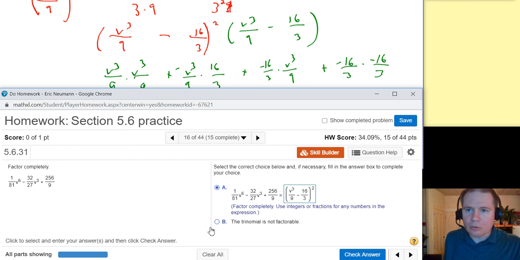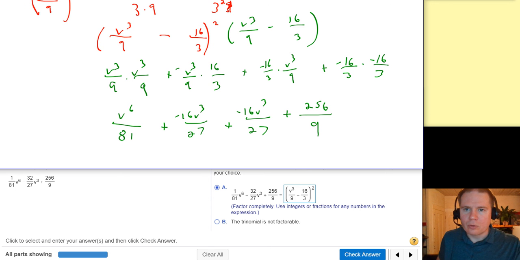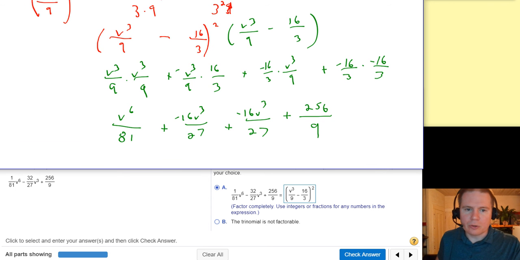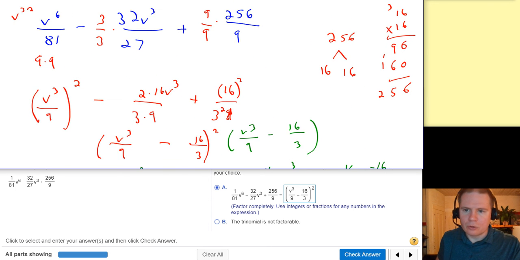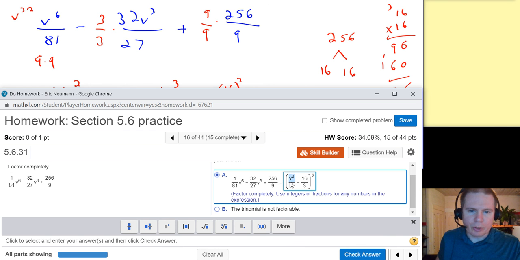Well, what did I do wrong here? V cubed over 9 minus 16 thirds squared. Okay, let me think about this. V cubed over 9 minus 16 thirds squared. Oh, I know. They don't want me to write it like this.